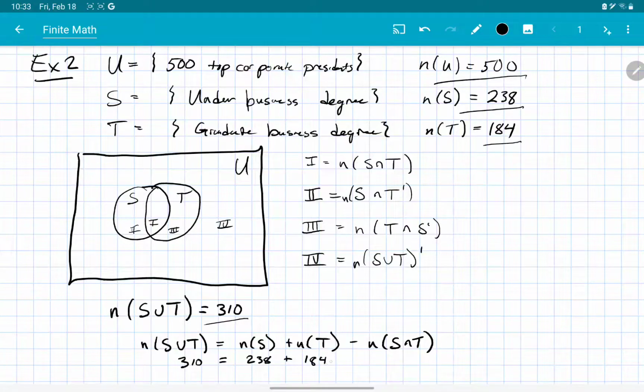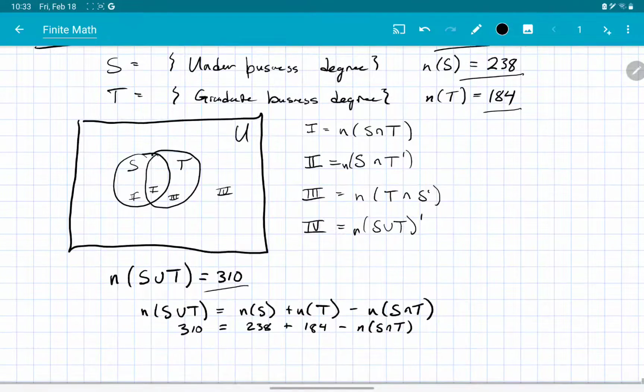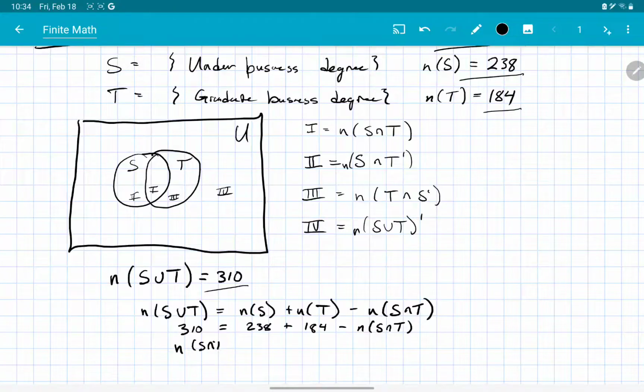T, we're told, is 184. And this is the one we're looking for. So the number of S intersect T is going to be equal to 238 plus 184 minus 310. When you punch those numbers into a calculator, you get 112. So I can put 112 in that region.